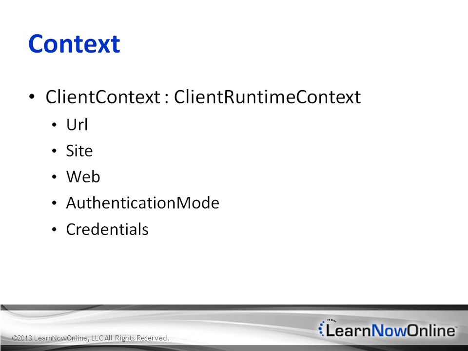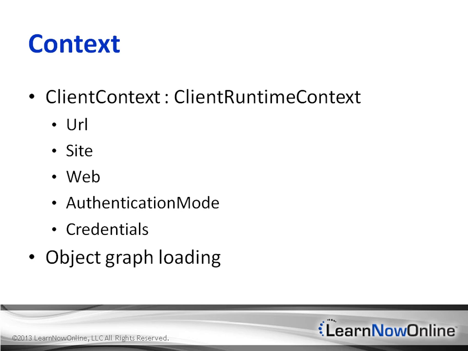So if you wanted to, you could pass in an instance of the network credential class, with a username and a secure password, and then you would just attach that instance of your network credential. There's a credentials property on the client context. Or in case you were going against SharePoint Online, there's a special class for SharePoint Online called SharePoint Online Credentials.